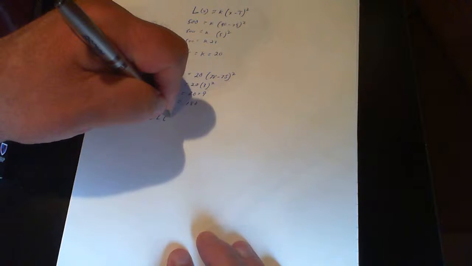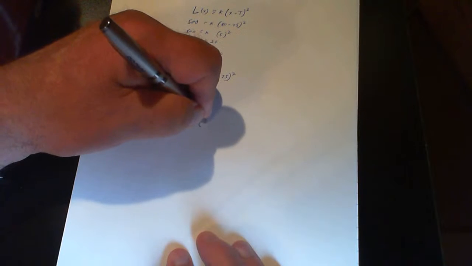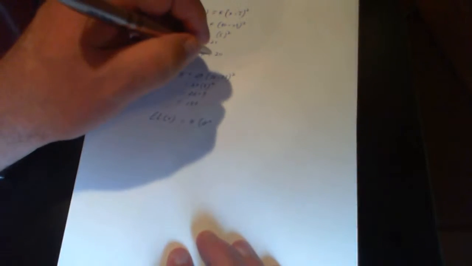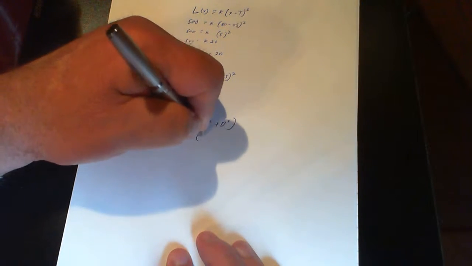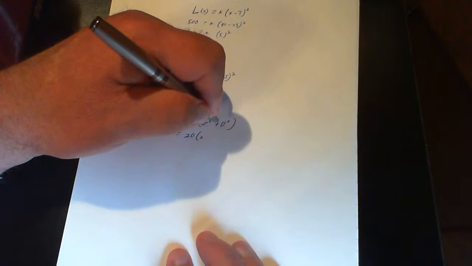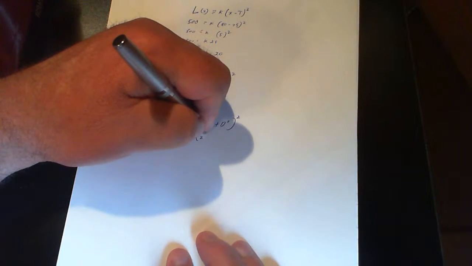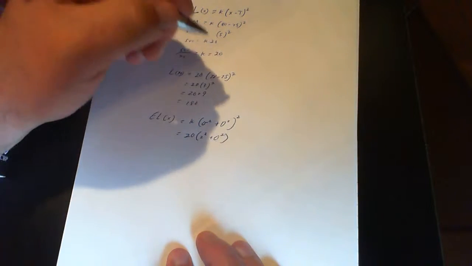Okay, so with a standard deviation of 2, we're going to have the expected loss of X. E is for the expected loss, equals K times the variance, the standard deviation squared, plus D squared, equals 20 times 2 squared plus 0 squared, since there's no deviation from the target.